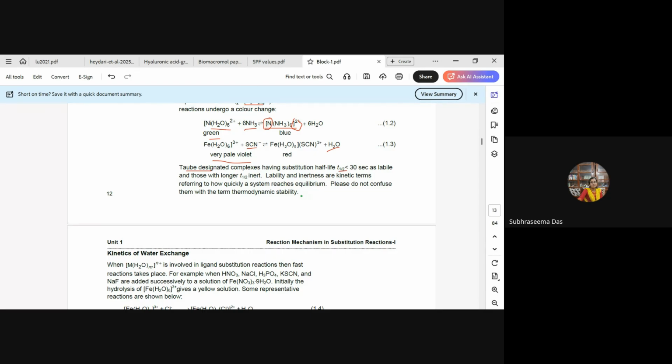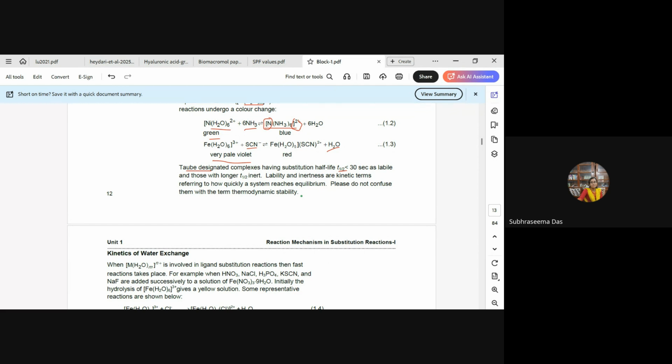Now these labile complexes and inert complexes are associated with lability and inertness. They show how fast a reaction occurs, whether it is slow or fast.